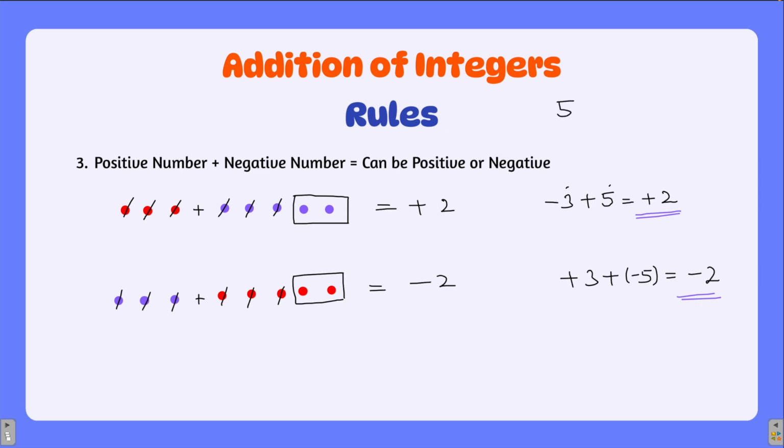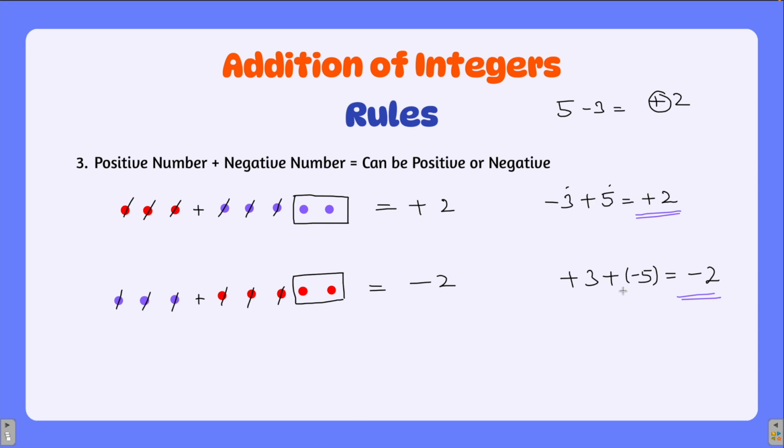It is 5 minus 3, so that is 2. And we will put the sign of the number which is greater. That means we will put the sign of 5 which is positive. So we put a positive sign here.